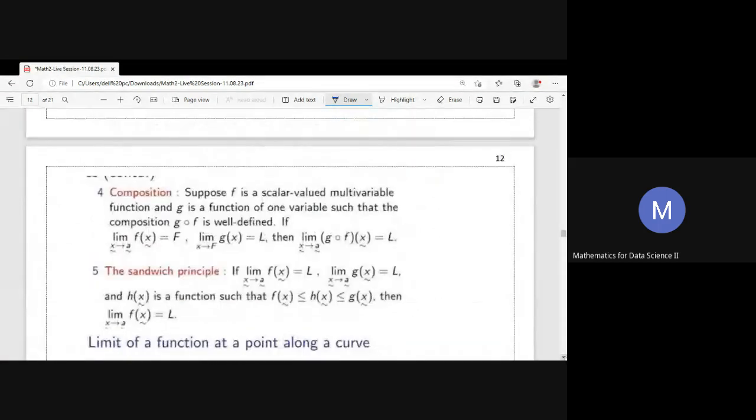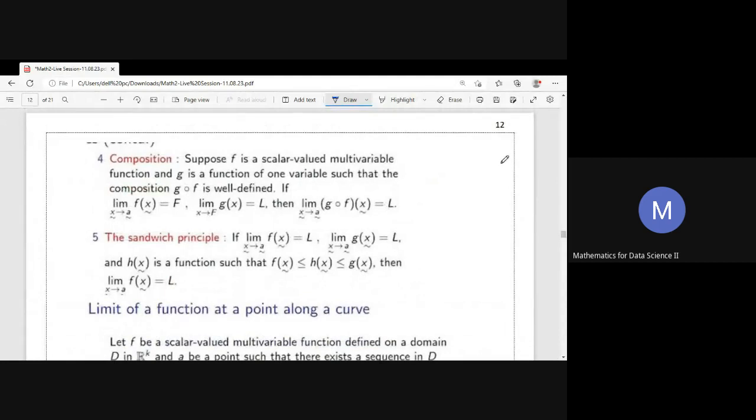And for composition, I can tell you a very easy example. Note that here g is a function of one variable and f is a scalar valued multivariable function. So for example, I'm writing f of x comma y is equal to x squared plus 2xy minus 3, or something like this.